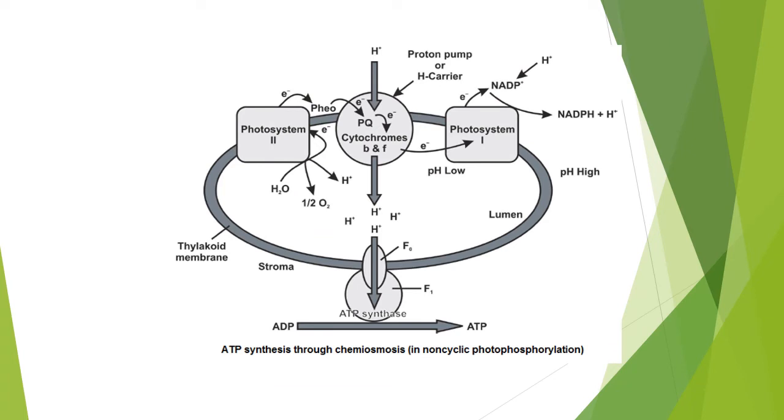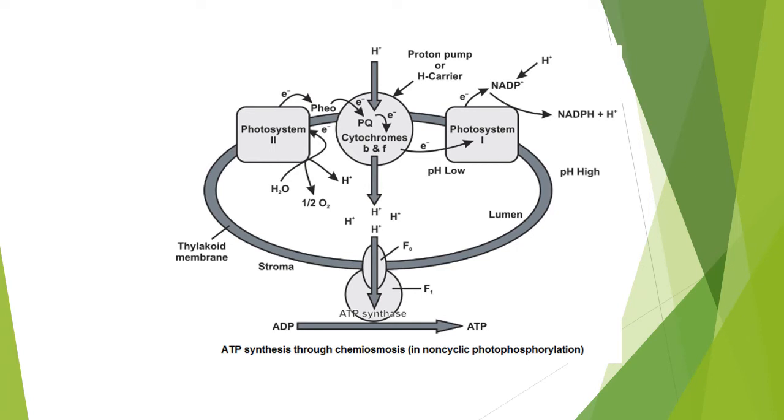Whenever we are talking about water hydrolysis, H plus is going to be more on the inner side of the thylakoid, that's the lumen. We can see here the chemiosmotic theory from the 1960s. Peter Mitchell proposed this theory, where due to the photochemical reaction inside the thylakoid membrane, H plus concentration is higher than in the stroma.